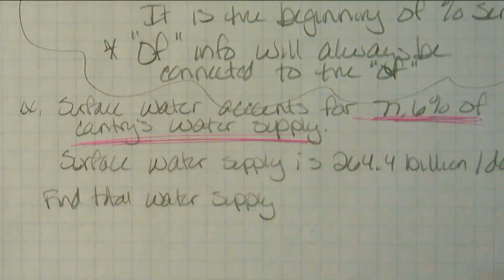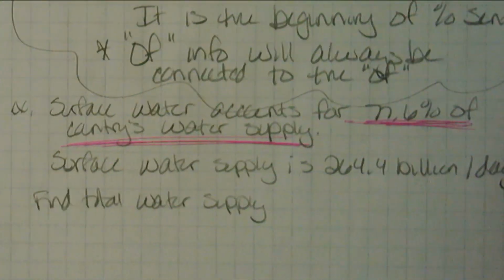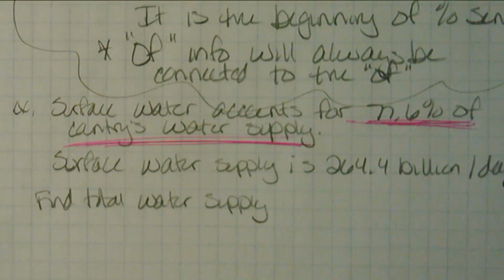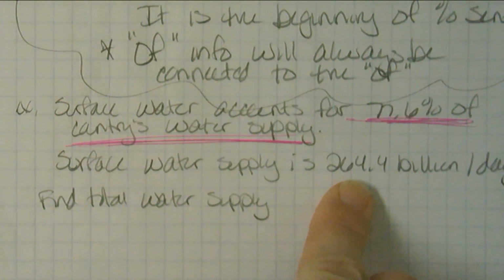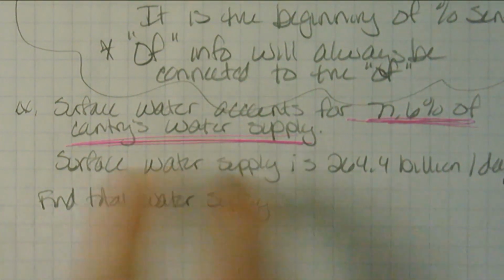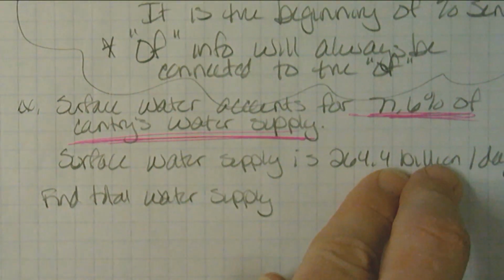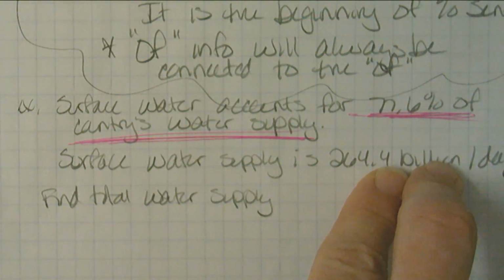77.6% of the country's water supply. And Chris is right, but I don't want you writing 264.4 billion gallons. What information is that 264.4 billion gallons?